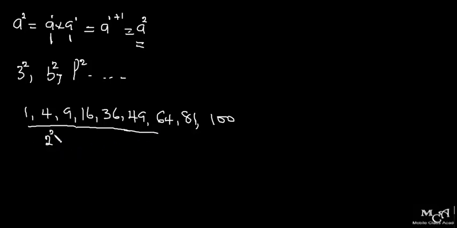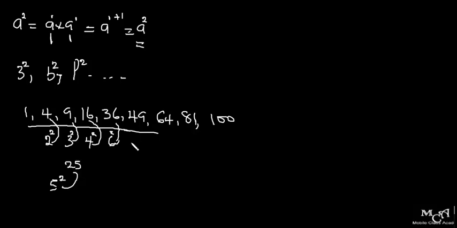Look at 4. 2 raised to the power of 2 is going to give me 4. 3 raised to the power of 2 is going to give me 9. 4 raised to the power of 2 gives me 16. 6 raised to the power of 2 gives me 36. 5 raised to the power of 2 gives me 25.